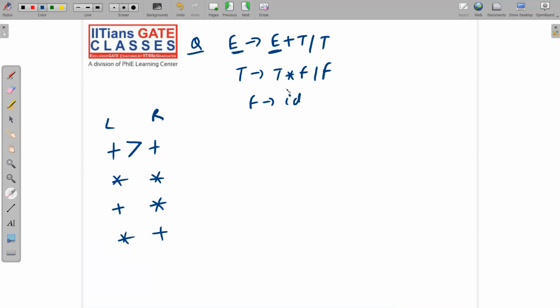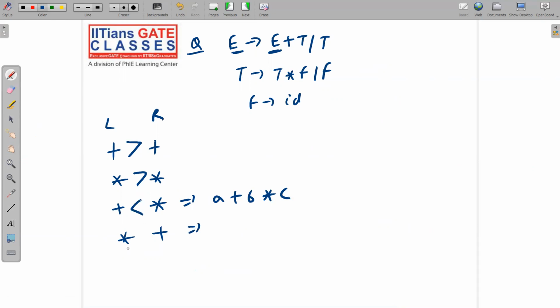Star and star. Star is having left recursion in case of T here, so left star will be solved first. Plus and star. So directly I'm saying that we have plus and then we have star. According to it, expression can be A plus B star C like this. So which will be solved first? Obviously star will be solved first.